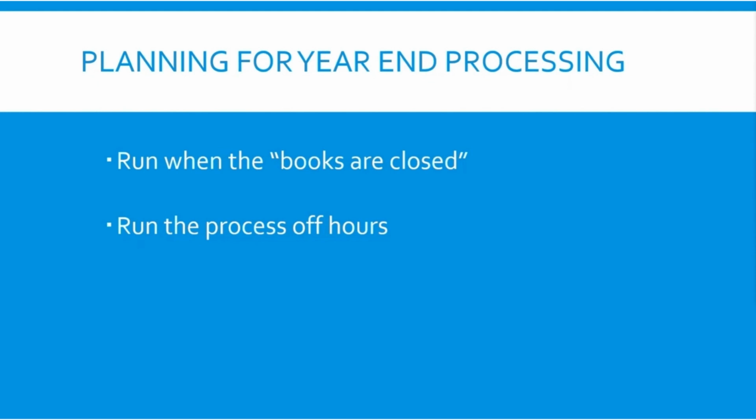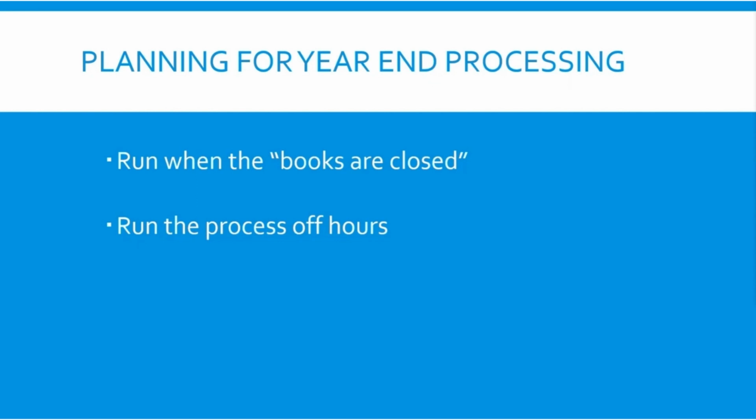And typically what you're going to find is the computer time it takes to run the process is literally minutes. If you have a normal set of modules, maybe you're closing 6 modules for one period, you can probably get through that in 15 or 20 minutes. It doesn't take a lot of computer time.